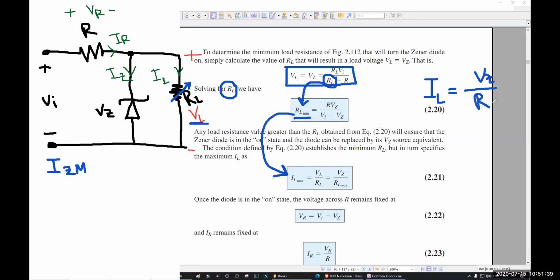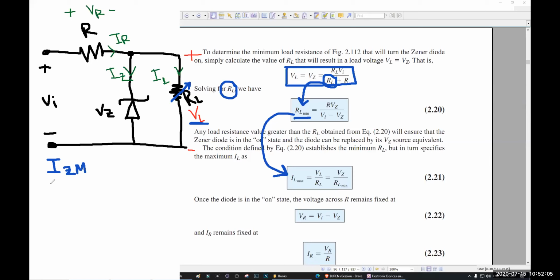So if RL is minimum, this will be maximum. Remember why? Because RL is at the bottom side. So if it is minimum, it is maximum. Okay. Now you got the IL maximum.